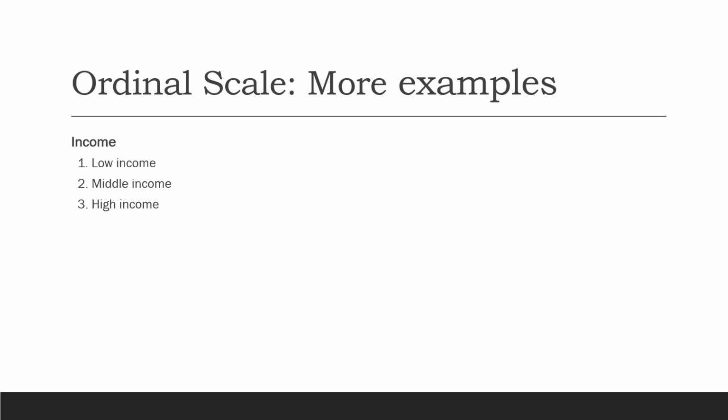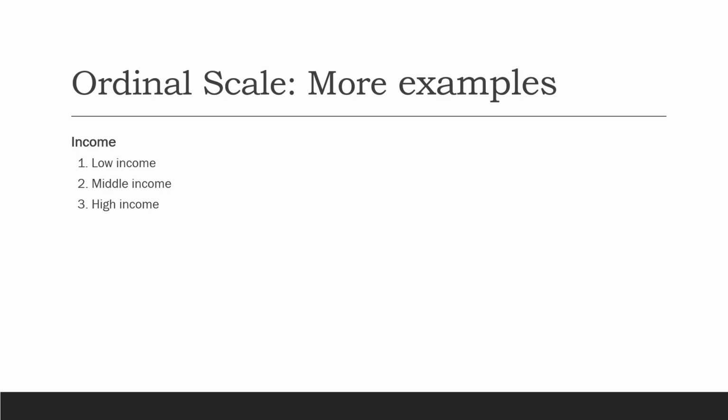The income starts from low to middle and to high. If we go back to unpacking the codes that we apply to each response category, we're going to see something interesting here. Code 1 means something different from code 2, and code 2 also means something different from code 3. Code 1 implies the concept of low income.